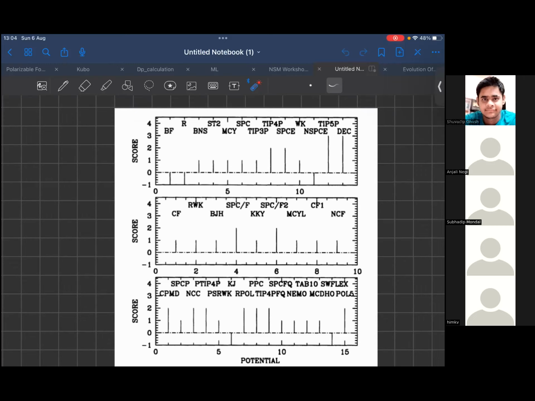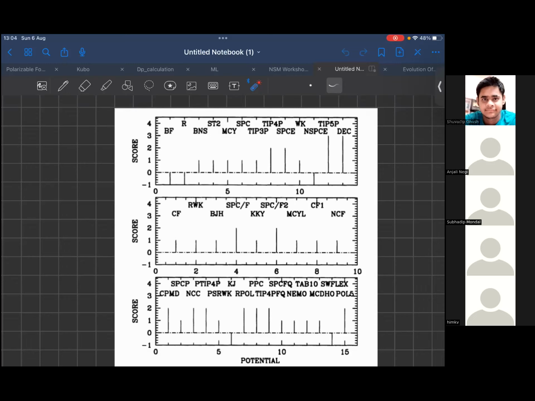If you see, this DEC model gives better agreement with the experimental value, almost equal to it. Like SPC and TIP3P, these are just acceptable at that time. And SPCE and TIP4P, we can say, are in good agreement.